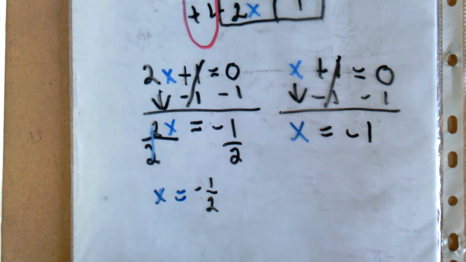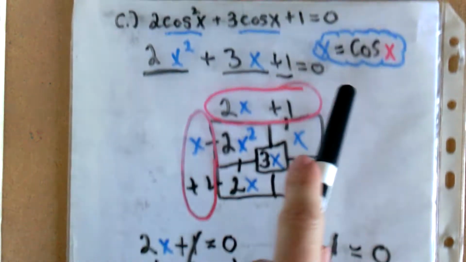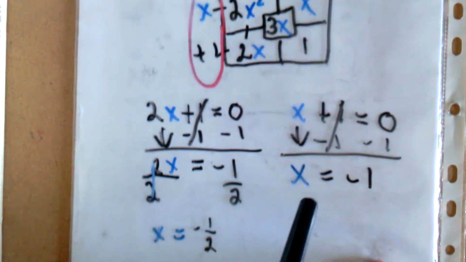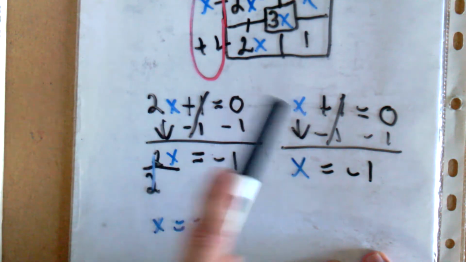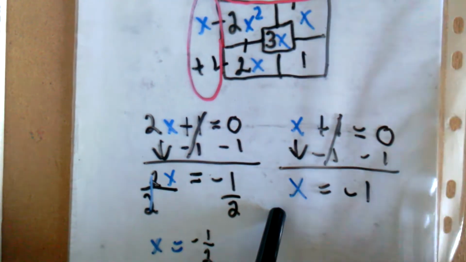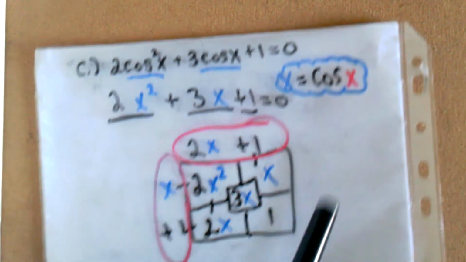Okay, so it kind of feels like we're done, but we need to remember that x is actually cosine. The only reason I changed it was to make solving it a little bit easier. So instead of working with cosine, we were working with x. So now we need to go back and replace our x's with cosine x.